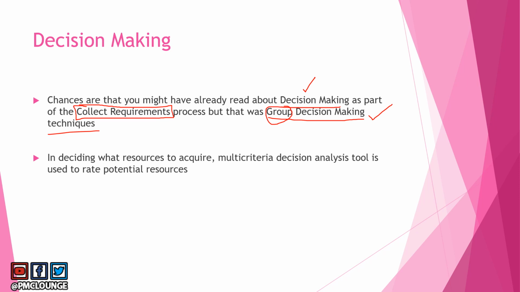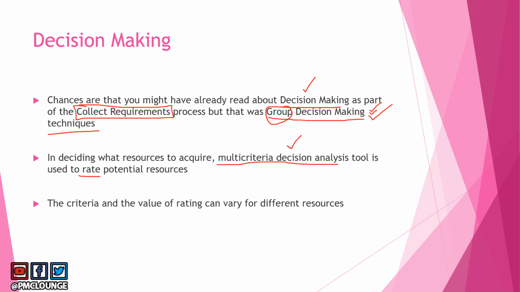All right. So in deciding what resources to acquire, here's the difference. Multi-criteria decision analysis. This is something which is not part of group decision making. Group decision making is all about majority, plurality, and all that good stuff. Multi-criteria decision analysis. This tool is used to rate the potential resources that you need.